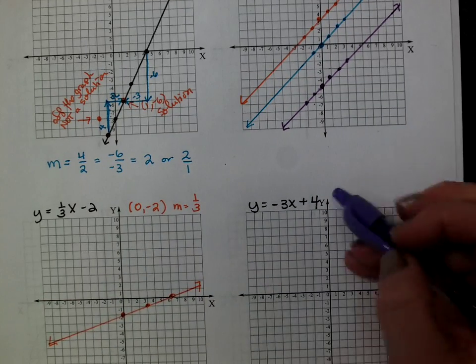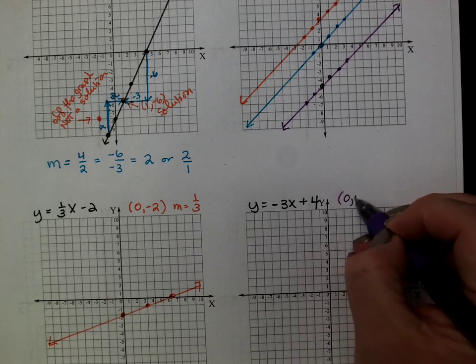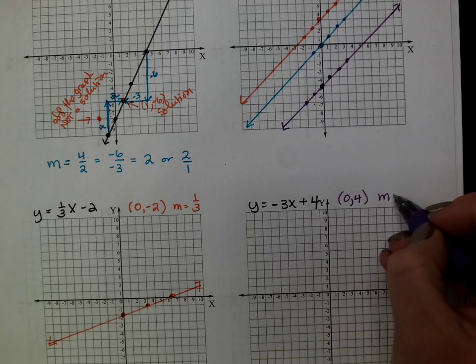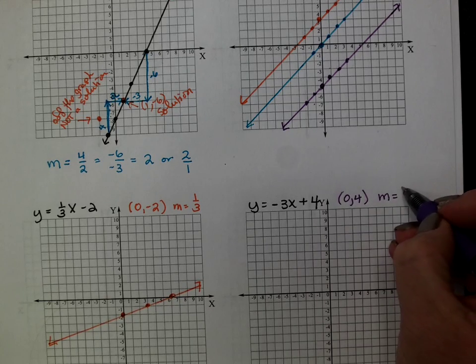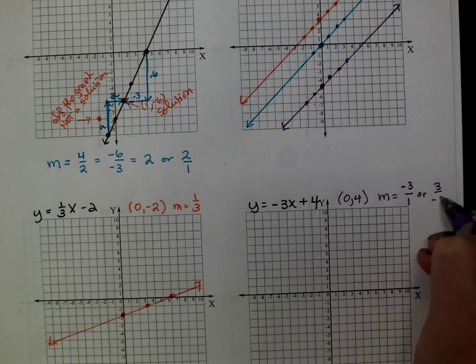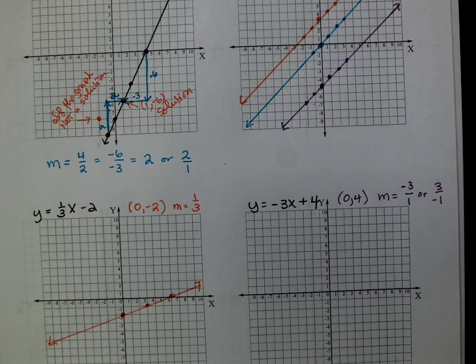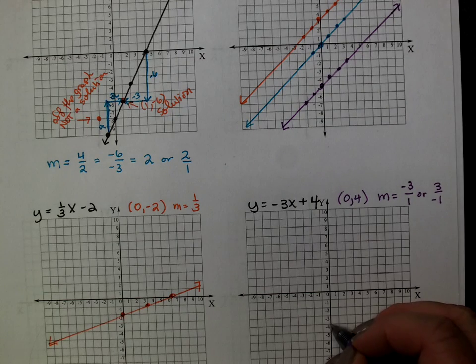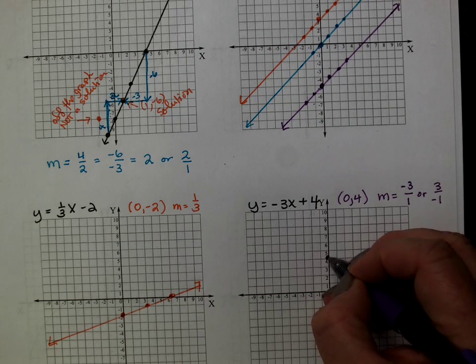And here, I've got 0, positive 4 with a slope of, now if your slope is a whole number, just put it over 1. I can do negative 3 over positive 1, or I can do positive 3 over negative 1. If it's a negative slope, it doesn't matter whether, for counting purposes, you put the negative on top or the bottom. Just one or the other. So if I start at positive 4, and then I'll do both.